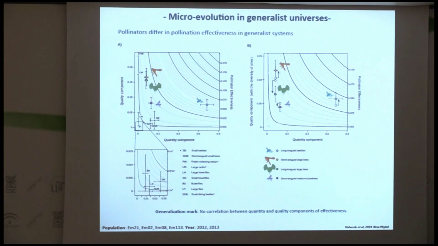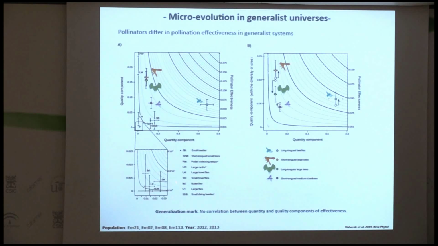differ in effectiveness. The effectiveness is made by these isoclines that are connecting this component with this component, these two components being multiplicative. That's the reason why this is the shape of the isoclines. Okay? Here there are many groups of really very low effective pollinators, because they are either very scarce at the flower or really very, very bad pollinators once they have reached a flower.